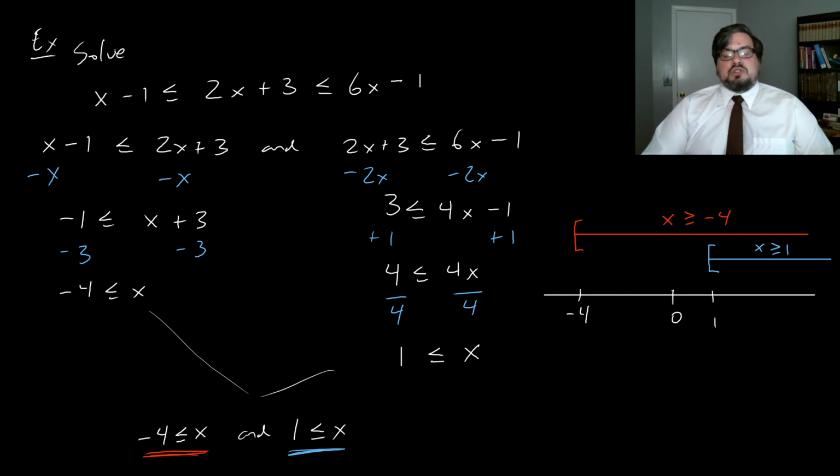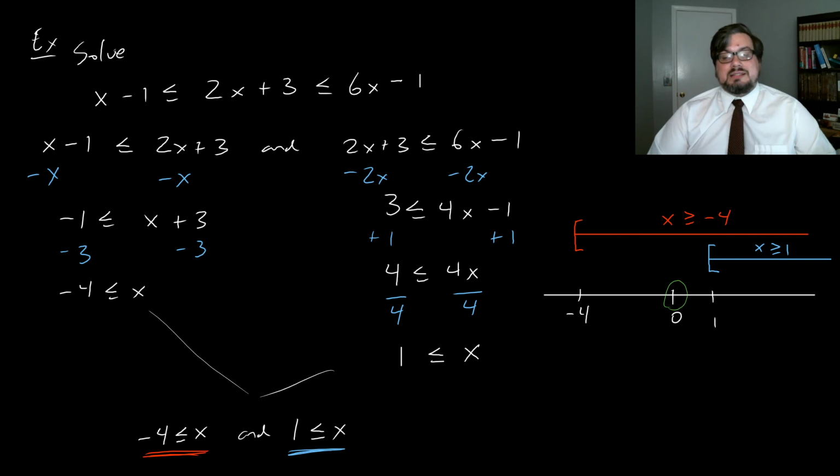And our solution is going to be the set of all numbers which satisfy both of these conditions at the same time. So for instance, the number 0 satisfies the red inequality, x is greater than or equal to negative 4, but doesn't satisfy the blue inequality of x is greater than or equal to 1. And so it's not a solution to the whole compound inequality.